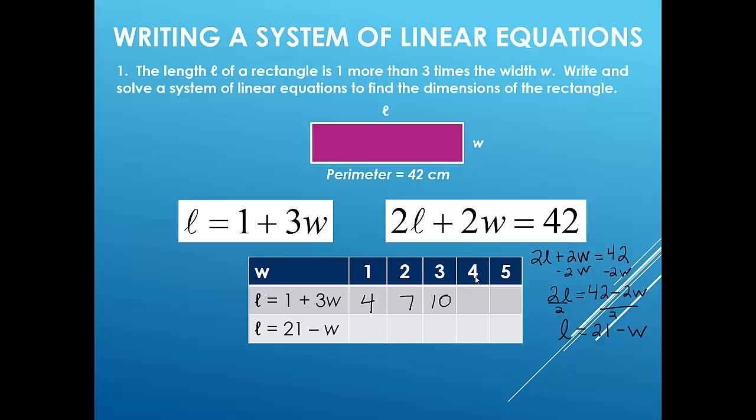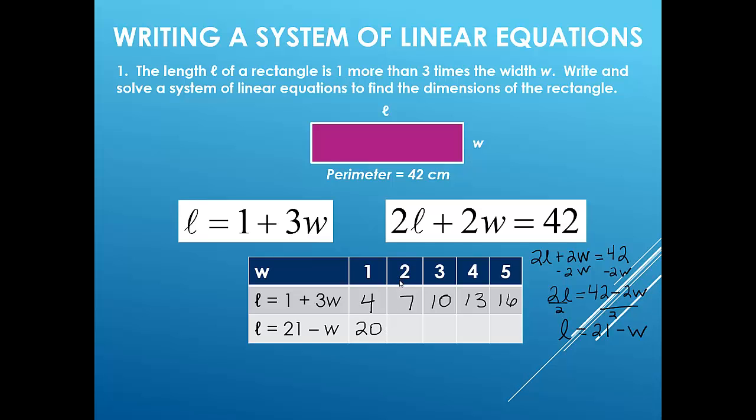Next we'll substitute in 4 for W. So 3 times 4 is 12, and 1 plus 12 is 13. And now we'll substitute in 5 for W. 3 times 5 is 15, and 1 plus 15 is 16. Now let's look at our second equation, which is L equals 21 minus W. So if W equals 1, we'll have 21 minus 1, which is 20.